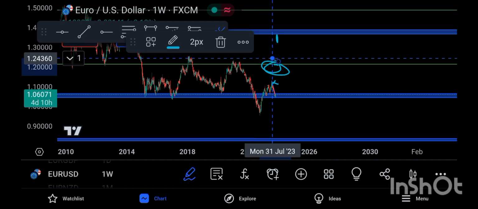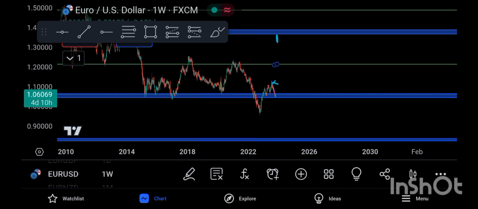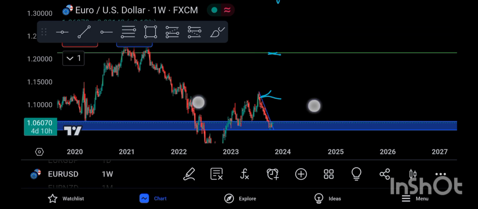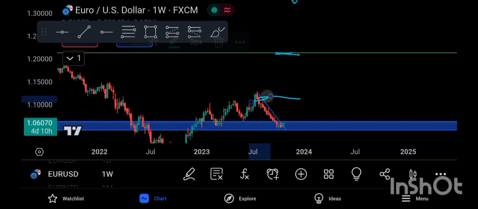So firstly, I would suggest you take at least 50% of your profit, or depending on your calculation, take your profit at this first level we've indicated there. And then allow the trade to run up to this level.